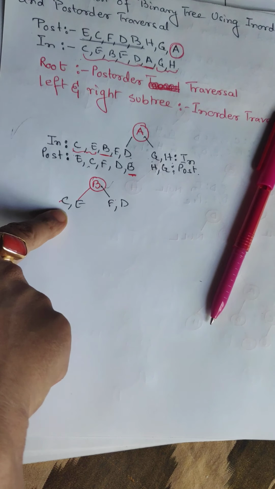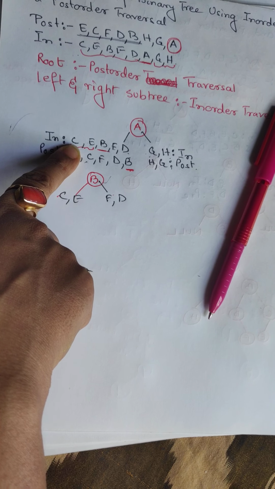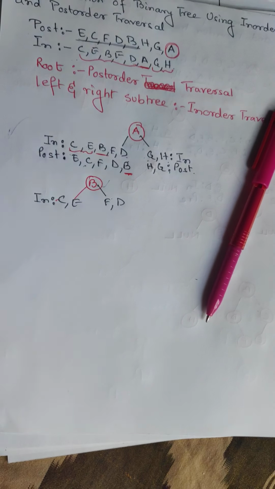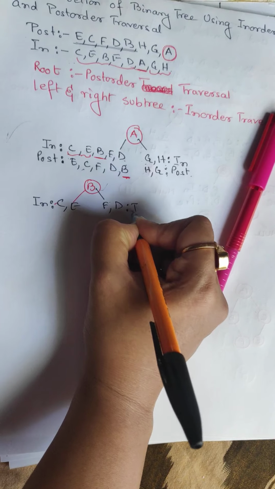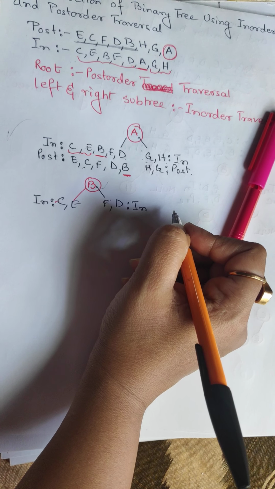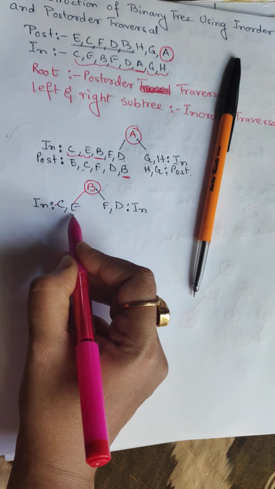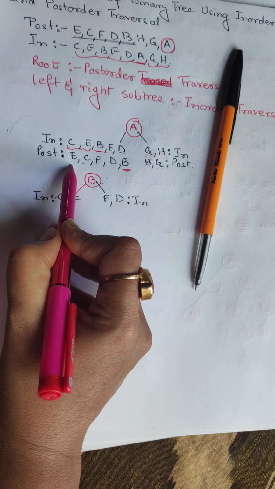And since I have written the nodes in the same order as it appears in the InOrder traversal, this is the InOrder traversal of the left subtree of B and this is the InOrder traversal of the right subtree of B. Now, C and E, these two nodes we are going to search out in the PostOrder traversal.